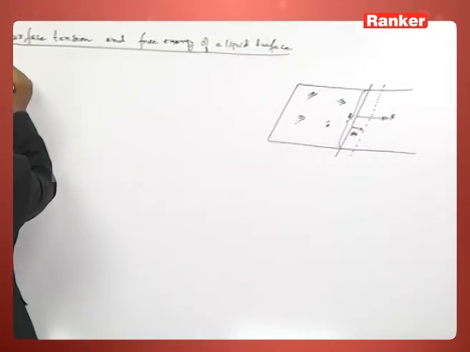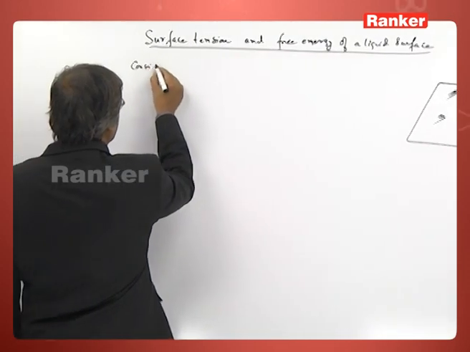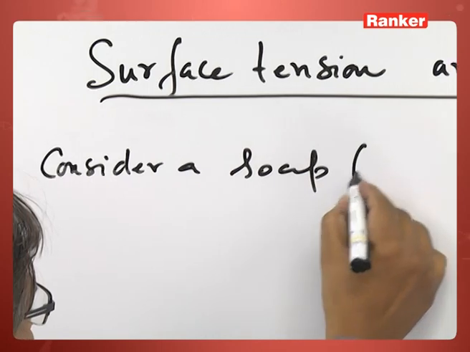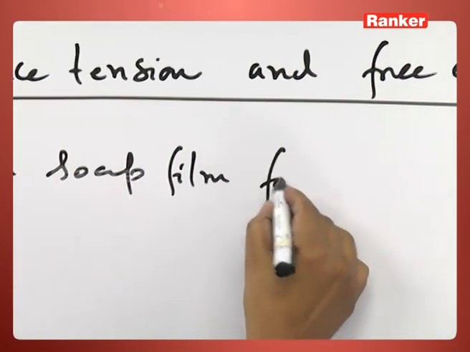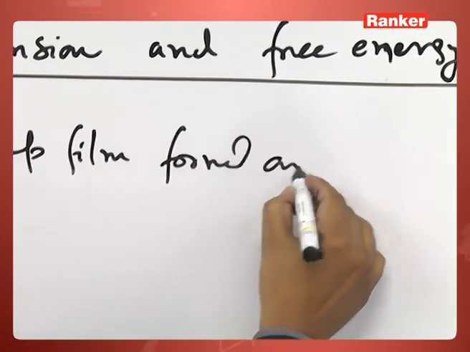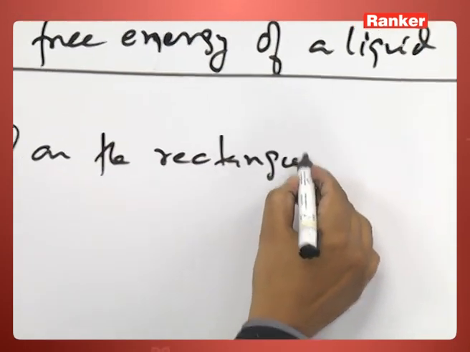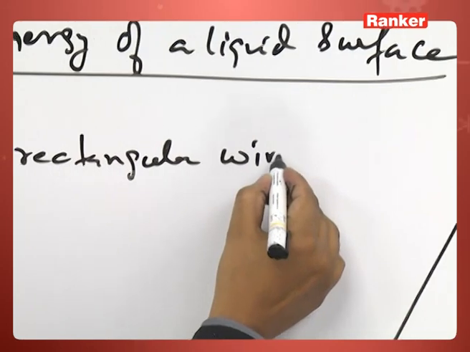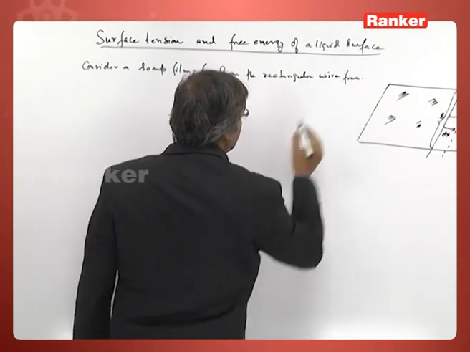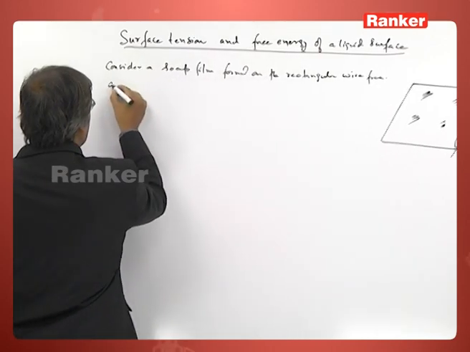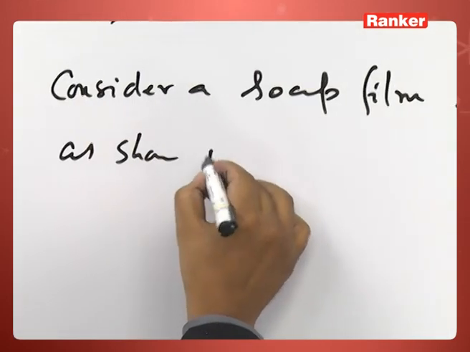So, consider a soap film formed on the rectangular wire frame, as shown in the figure.